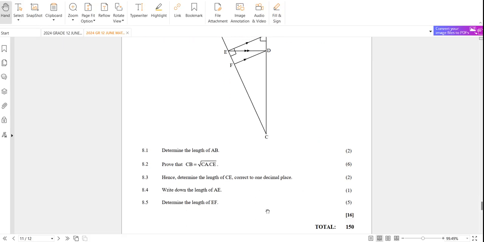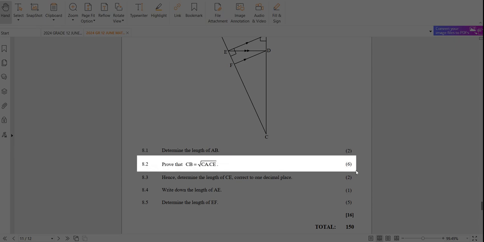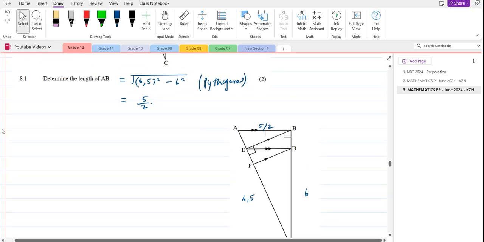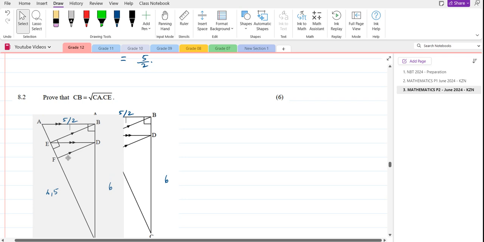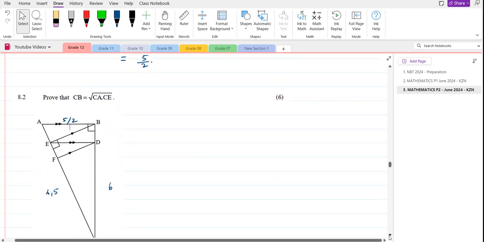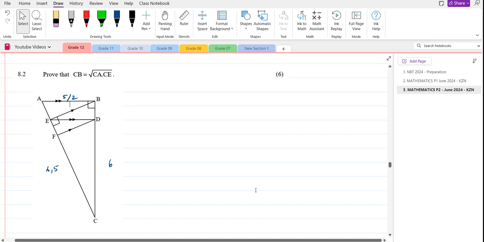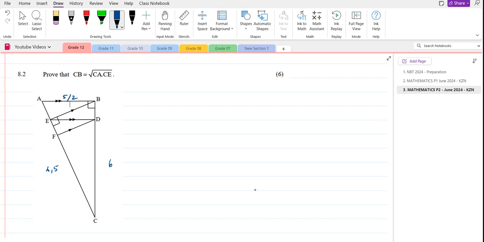Prove that BC equals the square root of AC times CE. AC and CE. It's 6 marks.